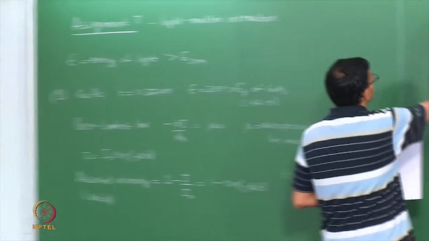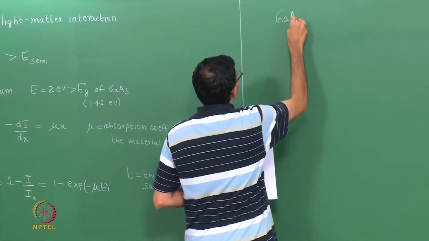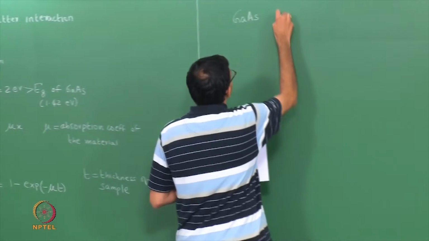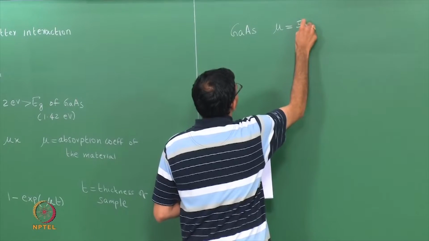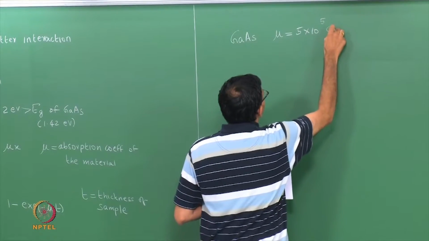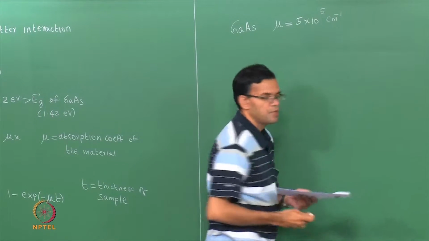For gallium arsenide, the absorption coefficient mu is given. Mu is 5 times 10 to the 5 per centimeter.